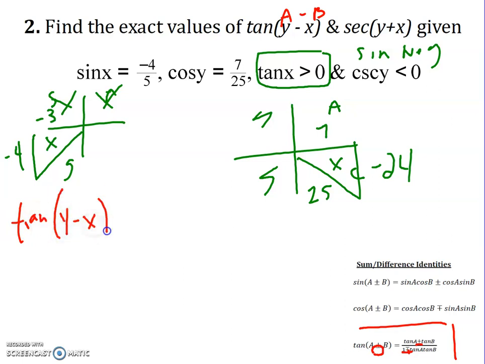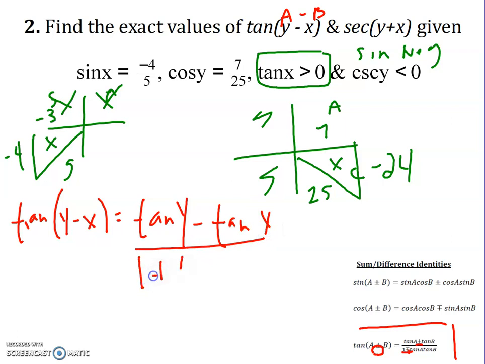Tan of y minus x is equal to tan y minus tan x over 1 plus tan y tan x.